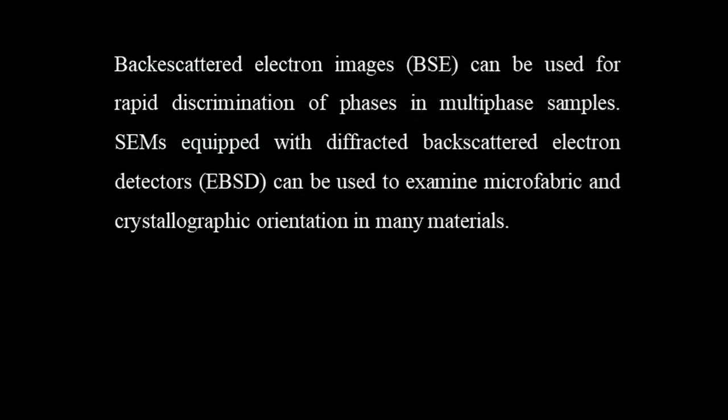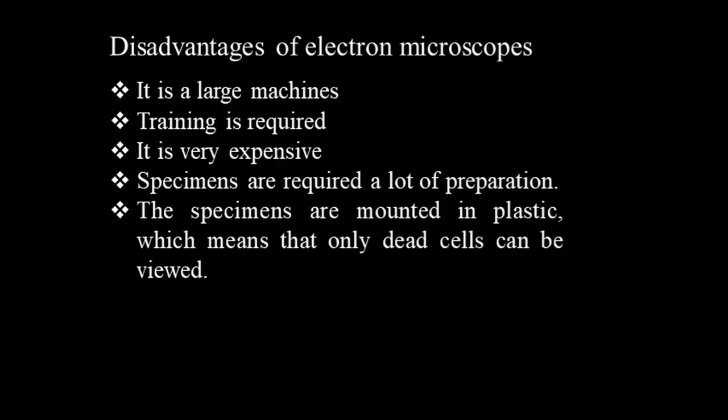The backscattered electron images can be used for rapid discrimination of phases in multi-phase samples. SEMs equipped with diffracted backscattered electron detectors can be used to examine microfabric and crystallographic orientations in many materials.